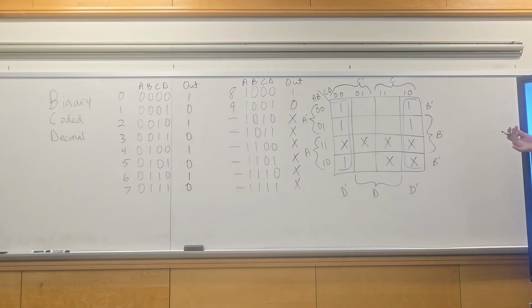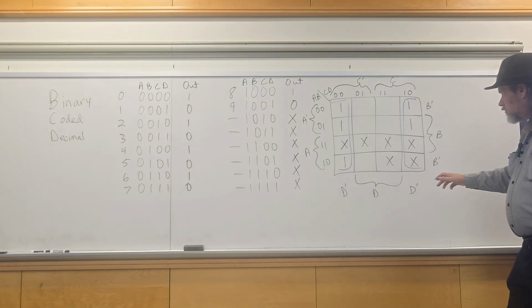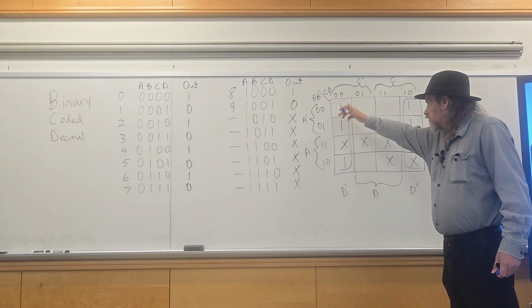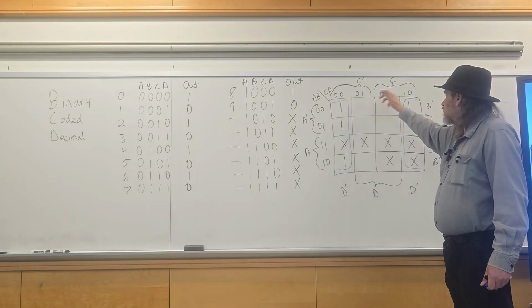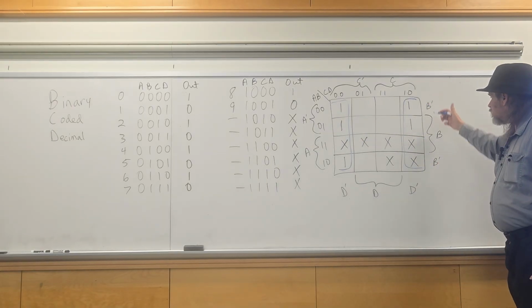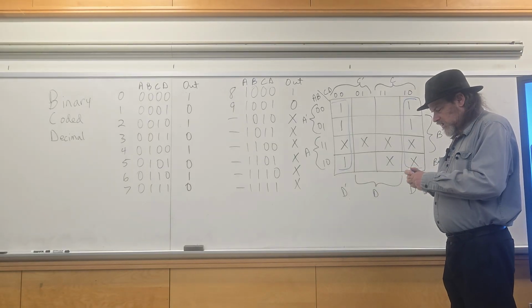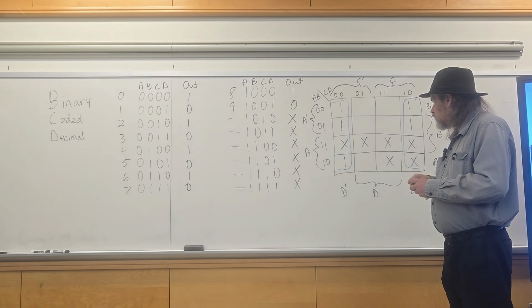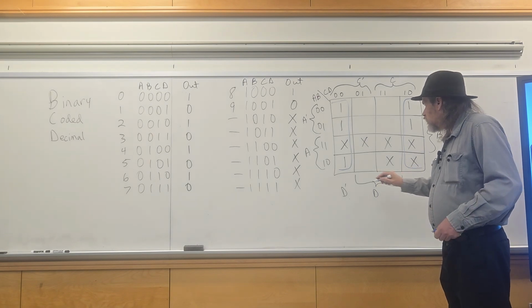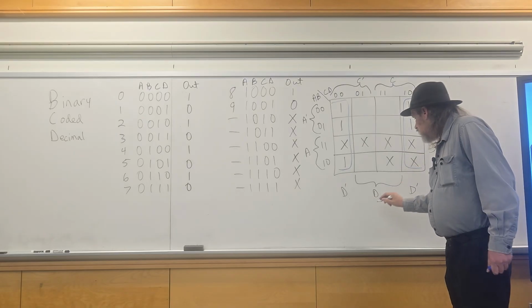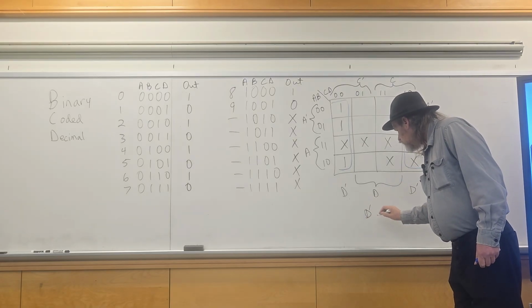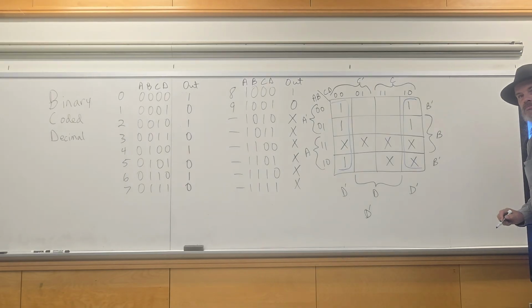It wraps around, remember? So the one term would be D prime. A and A prime doesn't matter. C and C prime don't matter. B and B prime, both of them work. So it'd just be all the ones and some of the X's are in D prime. Simple as that.